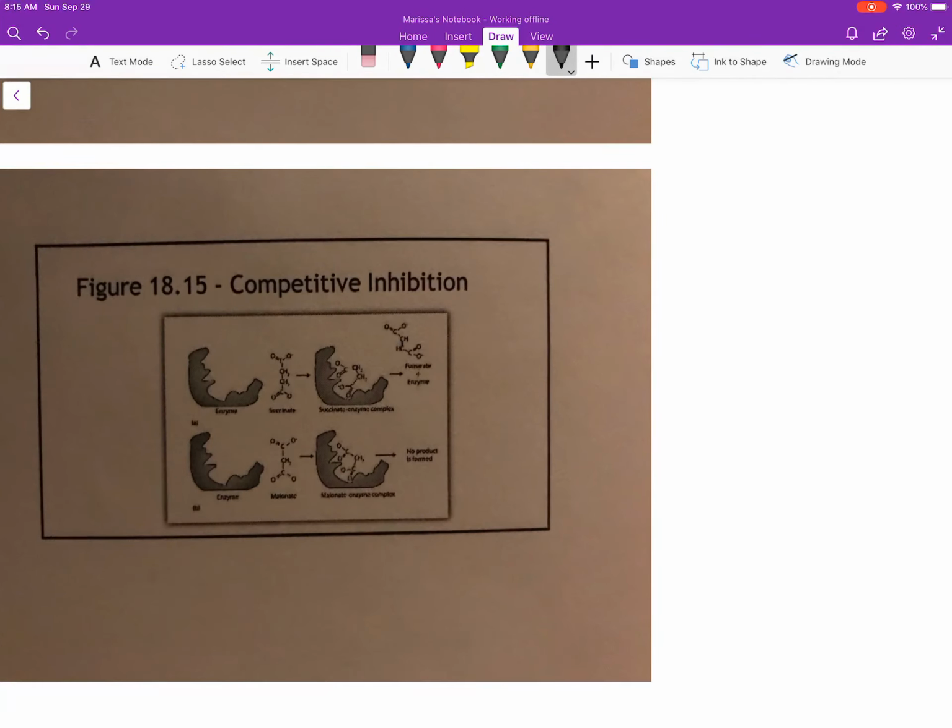I know this is so blurry, so let me see if I can do a better job of describing what's happening here. Competitive inhibition. Let me see if I can find the figure in my book. Okay, here we go. In this case, we have succinate, which I think is part of the citric acid cycle.